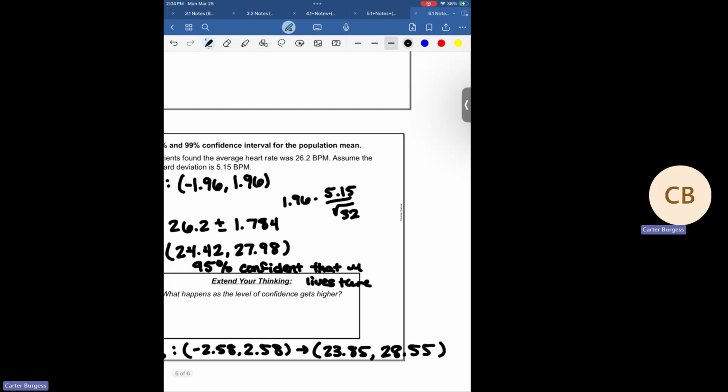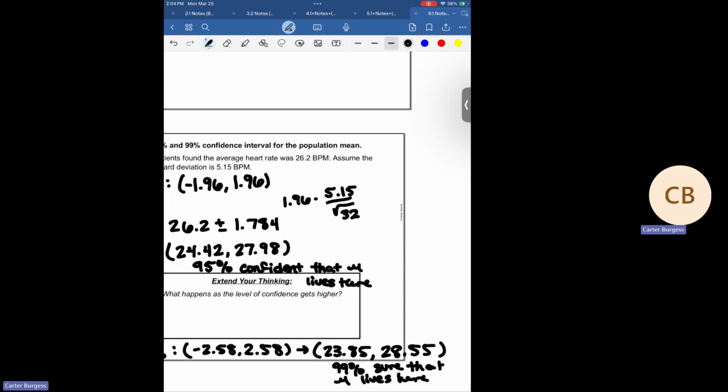And again, what would our interpretation be? How sure are we? 99% sure that mu lives here. By lives here, I mean falls between those values.